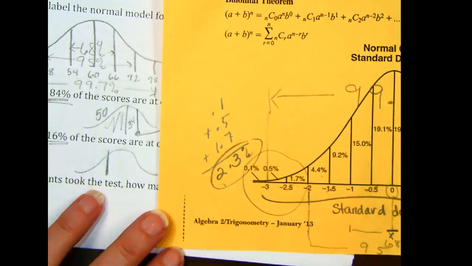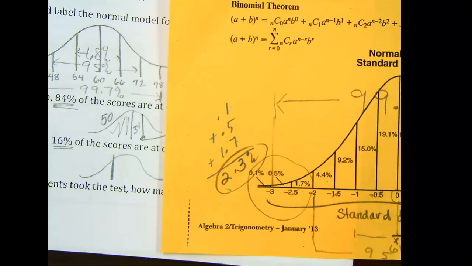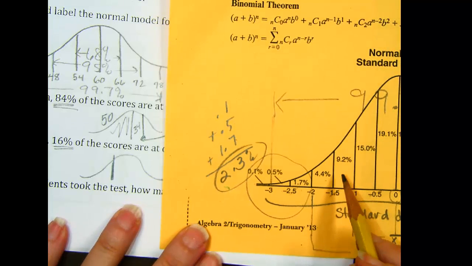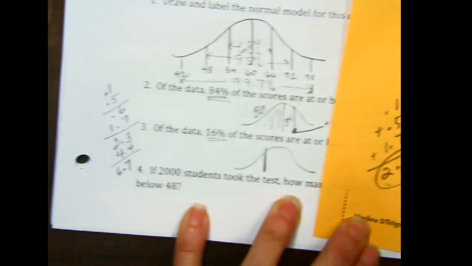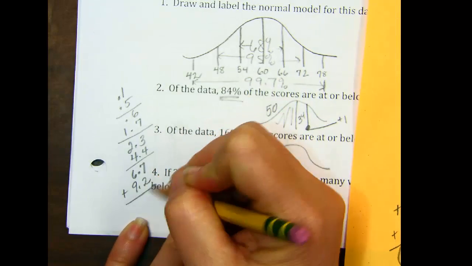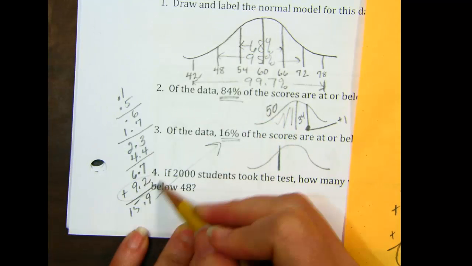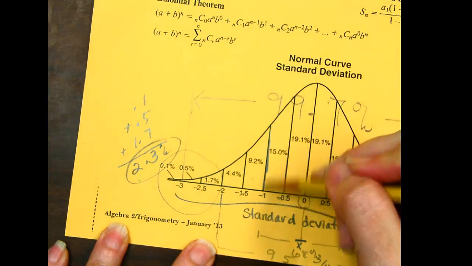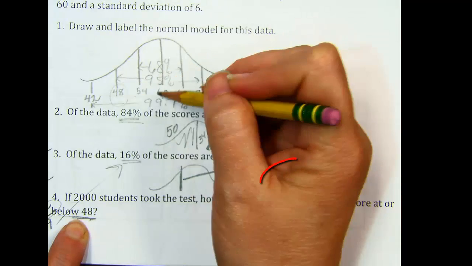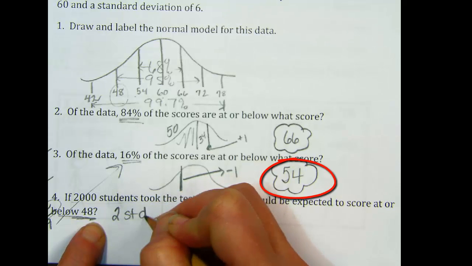You don't need to memorize these percentages at all. When I add that final 9.2, I get 15.9, close enough to 16 for statistics. So I go to 9.2 on my Regents reference sheet. That is at the 1 standard deviation below the mean line. And on my current picture, that is 54.